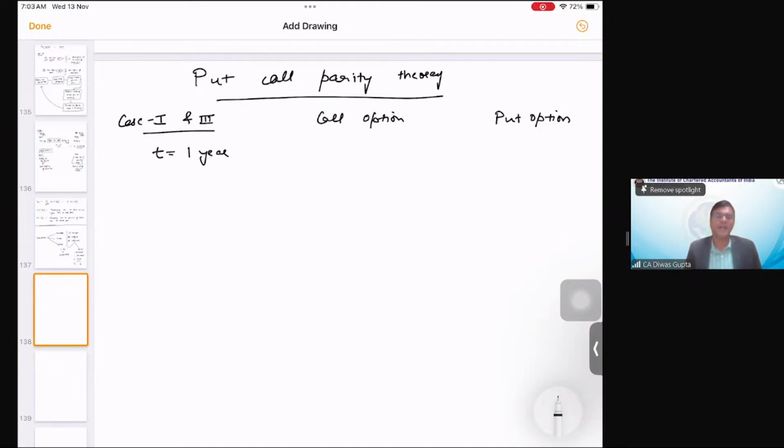Put option is the right to sell. Strike price, assuming it to be 180. For both the options, the strike price let's assume to be 180. Spot price in the market is, let's say, 150.